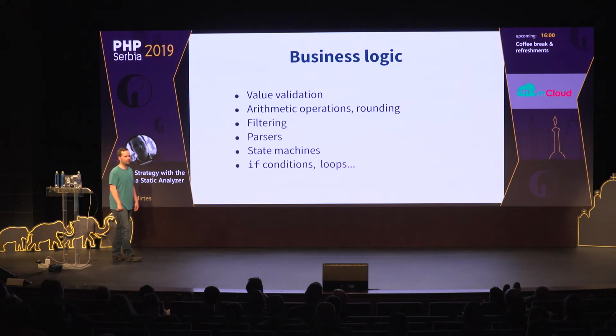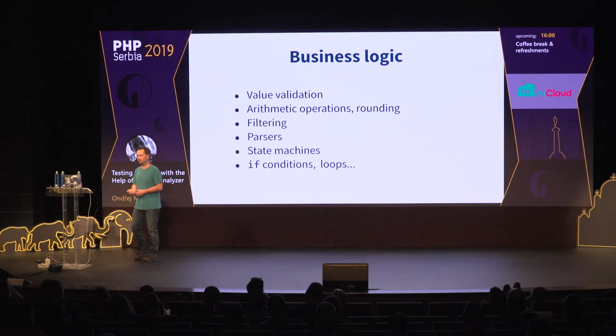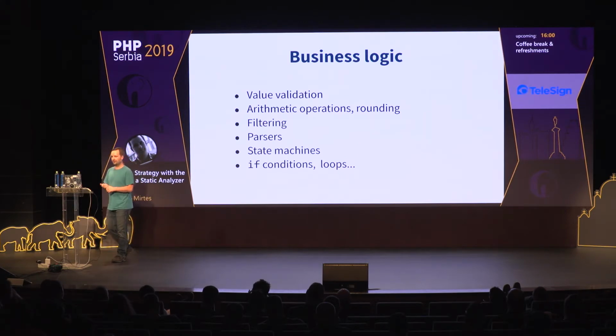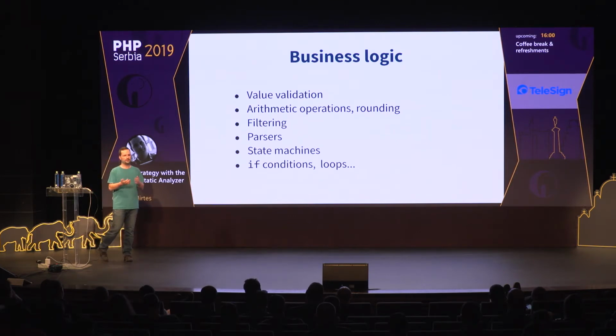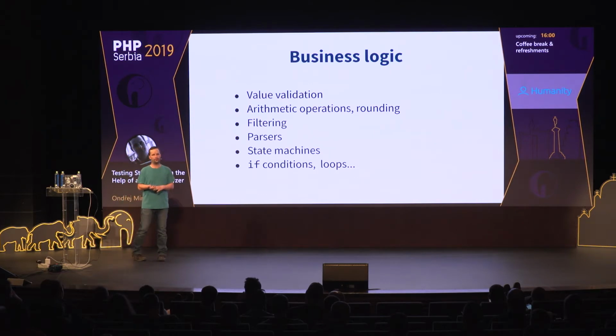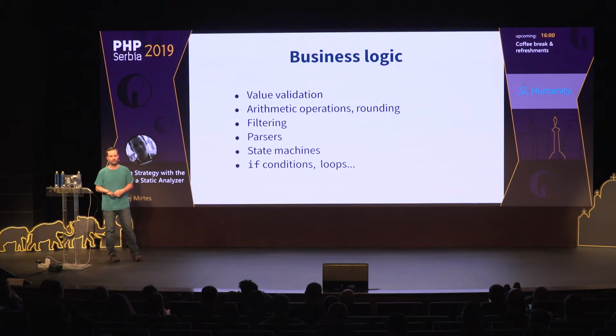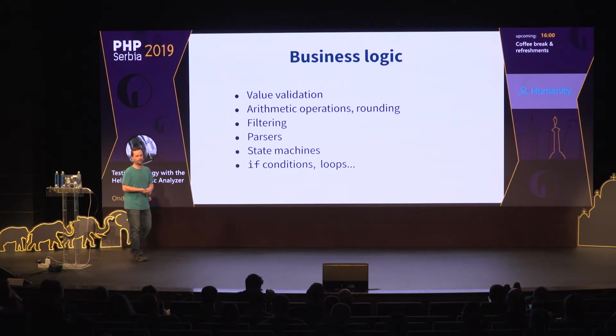Business logic is what we are paid to do, what the application is meant to do. It is the main goal of the application, what the business is interested in. As you can imagine, wiring is where you can save on testing, but business logic is where you put your testing efforts.